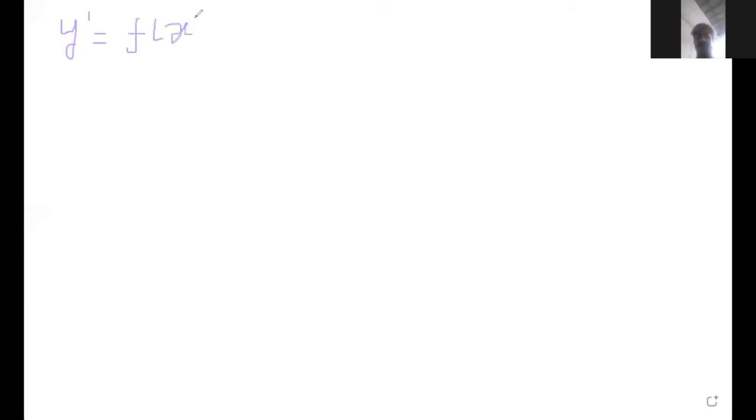So now we have this initial value problem, y prime is equal to f(x, y), y at x0 is equal to y0.